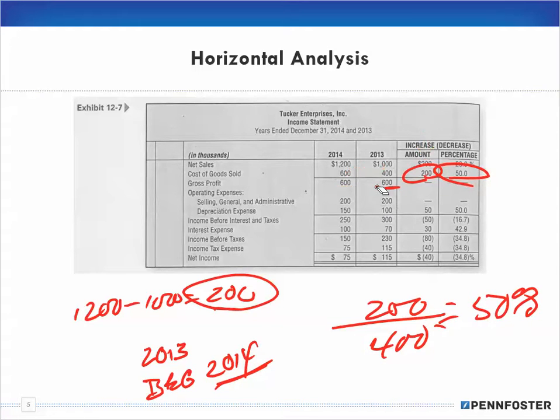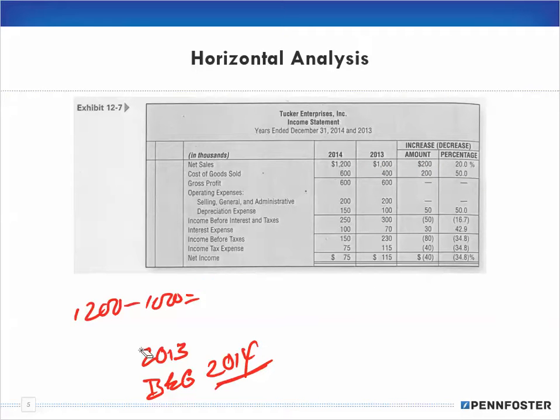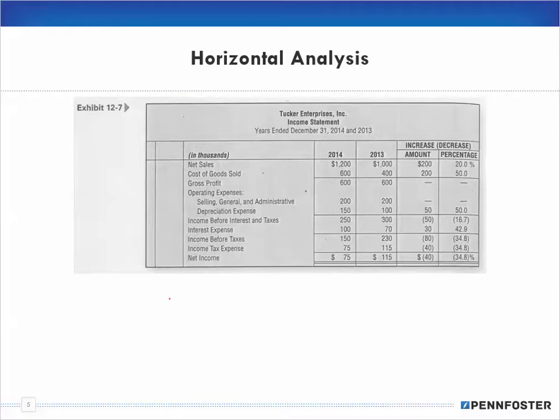When you're doing this horizontal analysis, all you're doing is manually creating these numbers. There's nothing difficult about it. You're not making any thinking decisions or judgments. All you're doing is creating the numbers in basically a lockstep fashion.